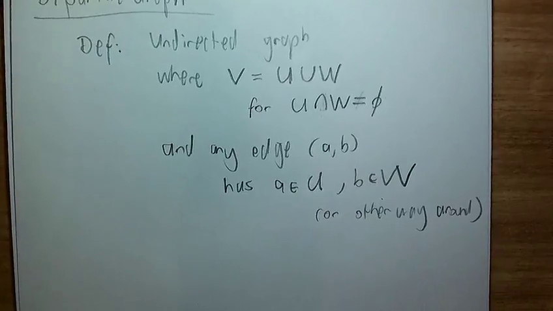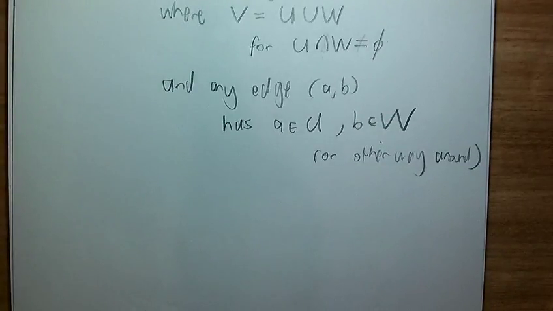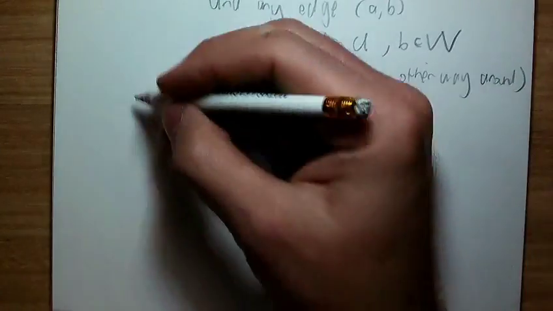So you can collect together one group of vertices and another group of vertices. Together, that's all the vertices, and every edge goes from one group to the other group. That's what it says. So let's make some.